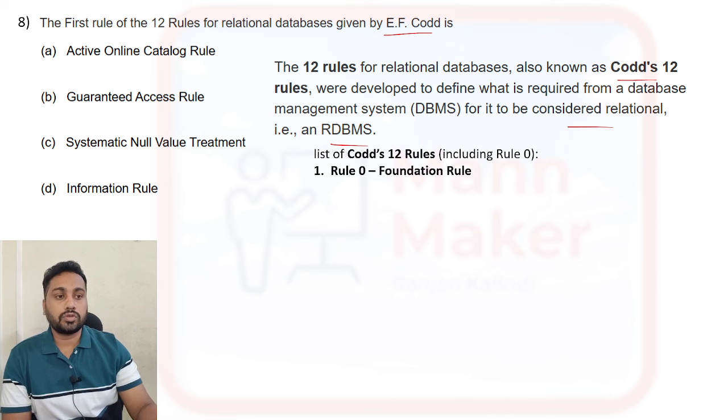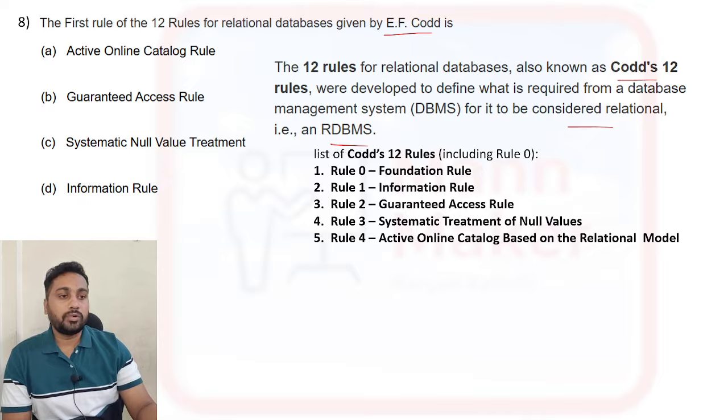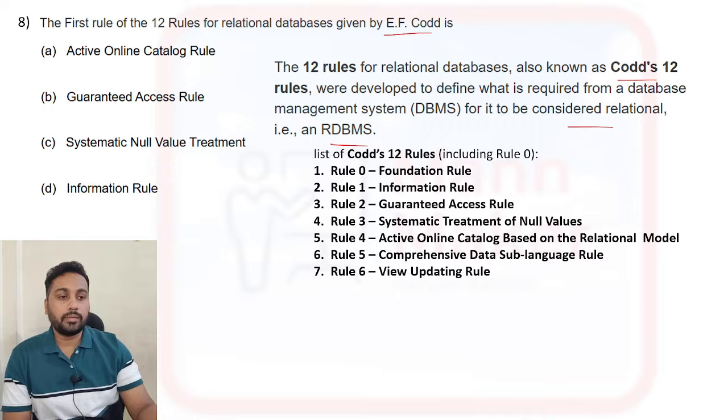So rule zero is called the fundamental foundation rule, rule 1 is the information rule, rule 2 is the guaranteed access rule, rule 3 is the systematic treatment of null values. Rule 4 is the active online catalog based on the relational model, and rule 5 is the comprehensive data sublanguage rule. Rule 6 is the view updating rule.